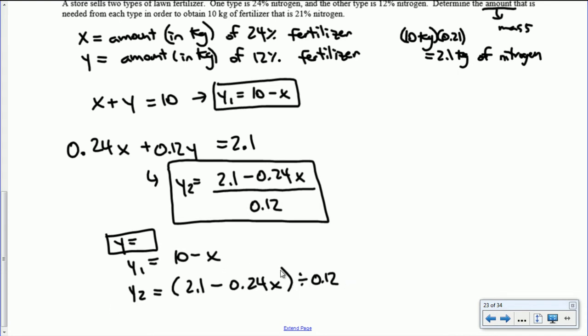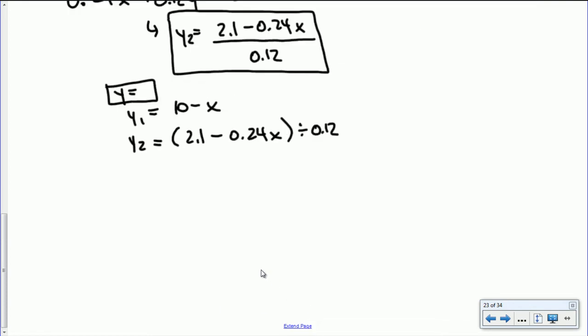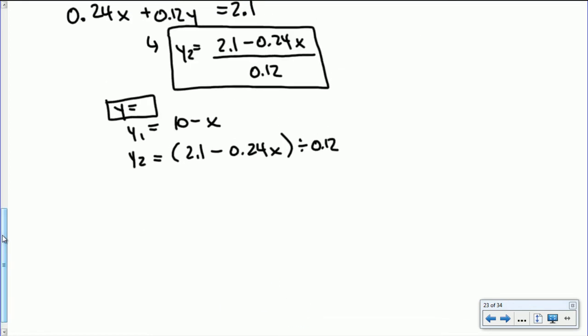Good to go. The reason I put brackets around this is because if I don't, it might interpret me wanting to only divide the second term by 0.12. So I don't want that, so that's why I force it to divide the whole thing. Okay, you may have to mess around with the windows a little bit possibly. So you just hit window and you might need to adjust your x min or x max.